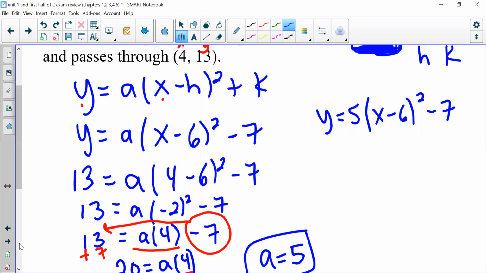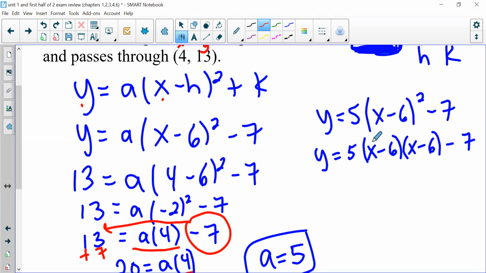So this is kind of pulling in some other skills here. If I write my x minus 6 twice, because that squared says multiply it to itself, I'm going to FOIL that bracket. Matthew, can you FOIL this for me? x times x is x squared. Good. And then x times -6, which is -6x.